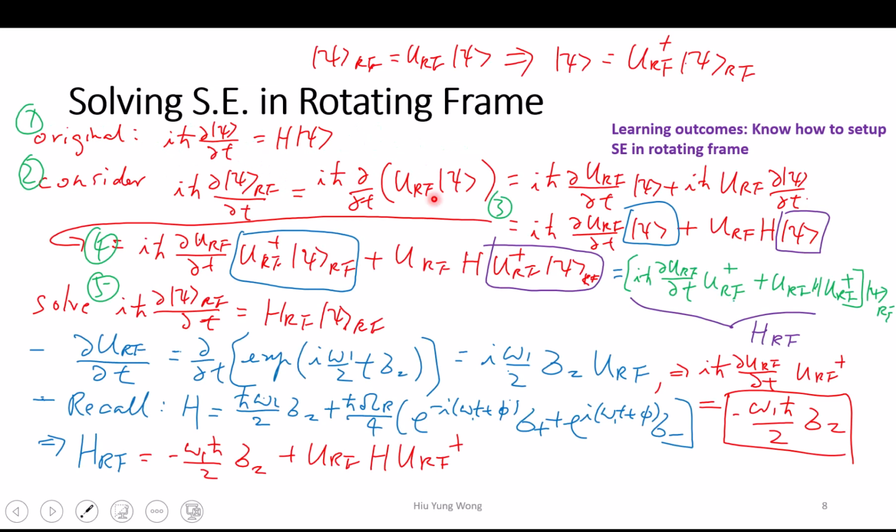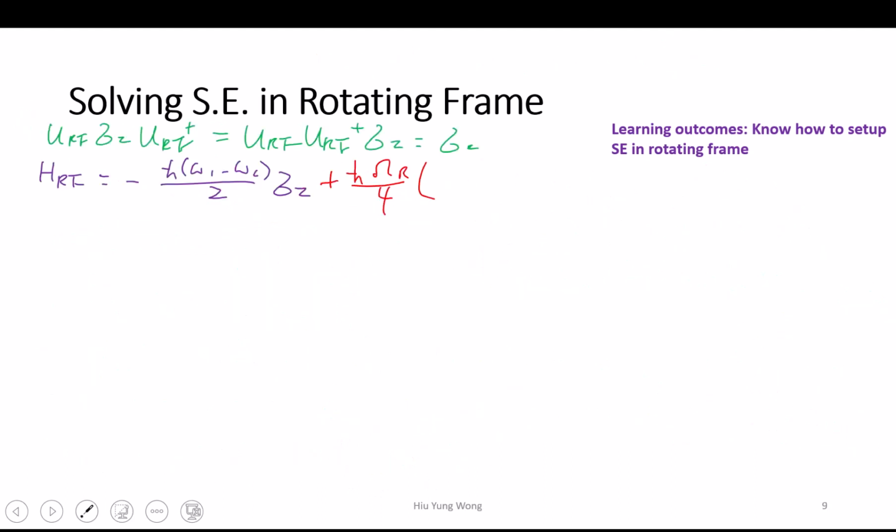I'm just copying this term, but then I apply the transformation to it. e^(-i(ω_1 t+φ)) U_RF σ_plus U_RF dagger plus e^(i(ω_1 t+φ)) U_RF σ_minus times U_RF dagger.